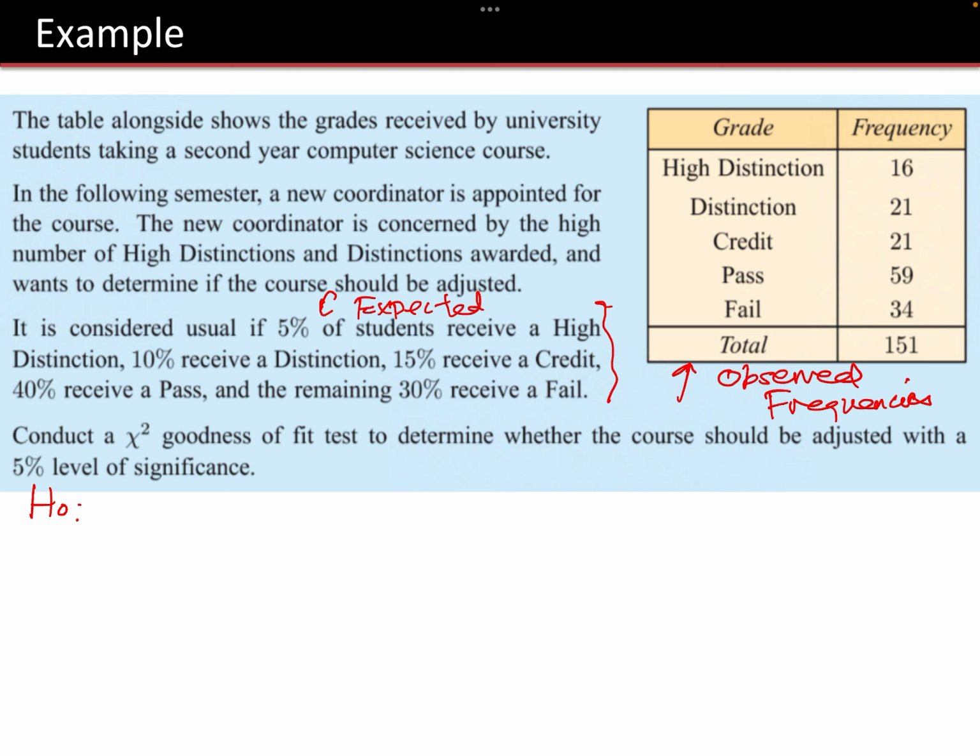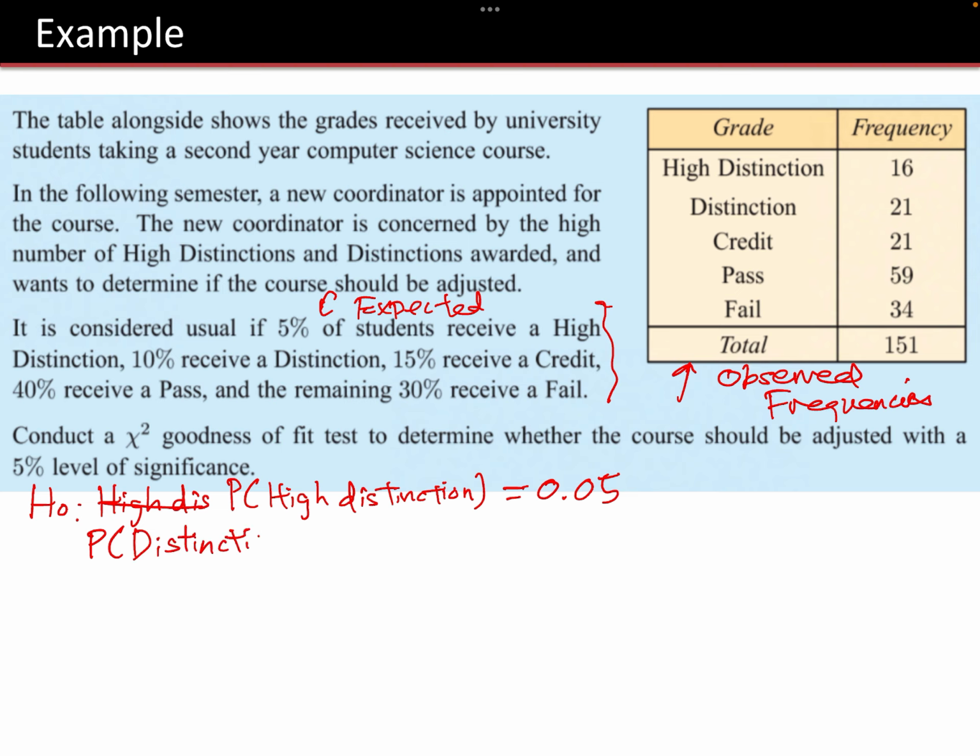So we do know that for people who are getting high distinction, maybe I should put this, the probability of getting high distinction would be 0.05. I'm just going to put down all the probabilities of those getting different grades.